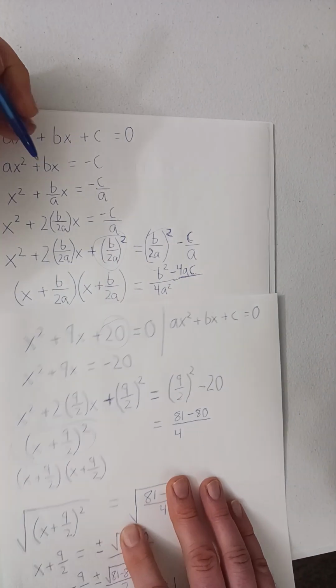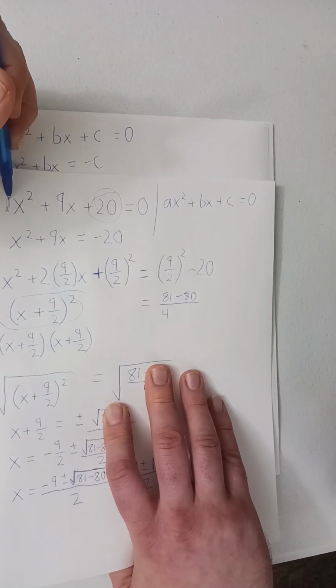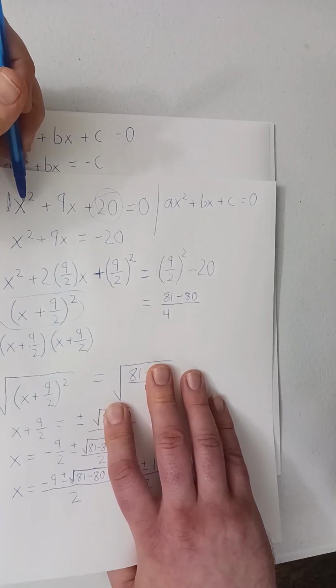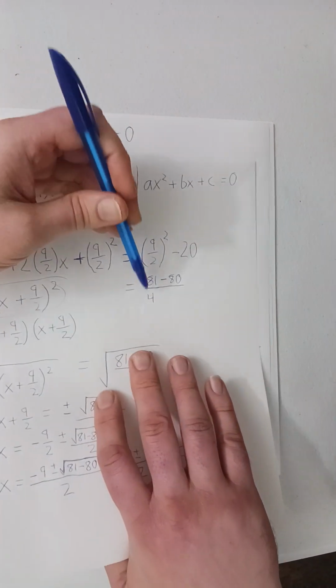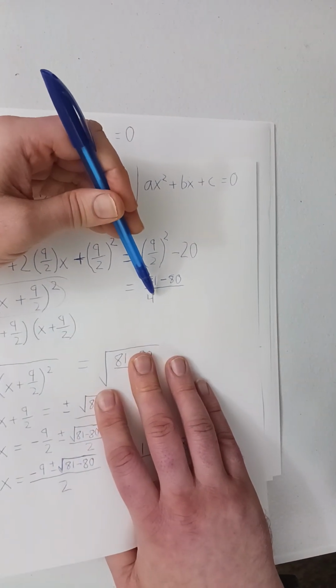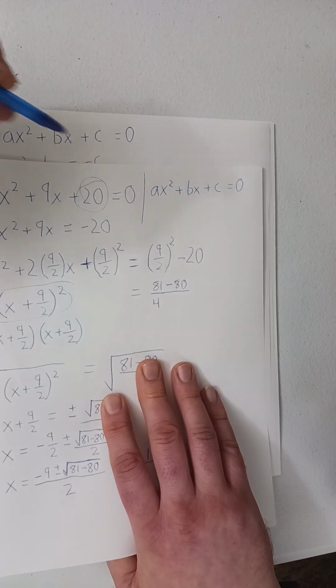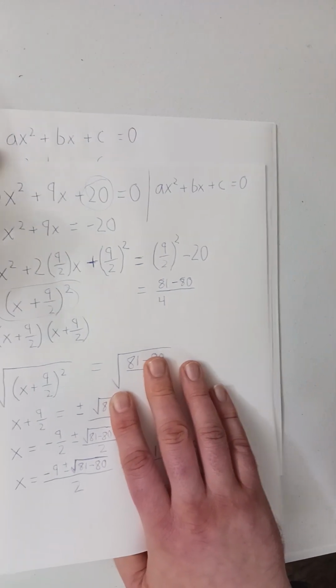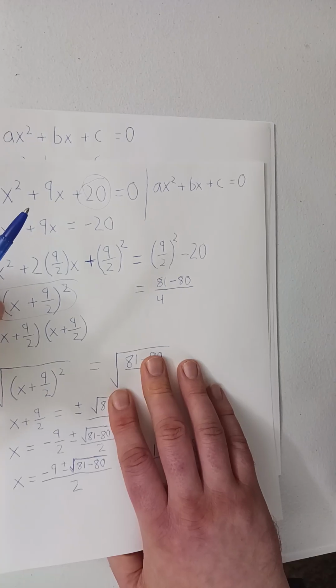A is 1, because this is 1 right here. So 1 squared is just 1, right? So 4 times 1 is 4, and that's what we did here. We got the same thing. So I'm just showing you that even though a is 1 here, it's still the same. And I'm going to show you with another example that it works out as well.